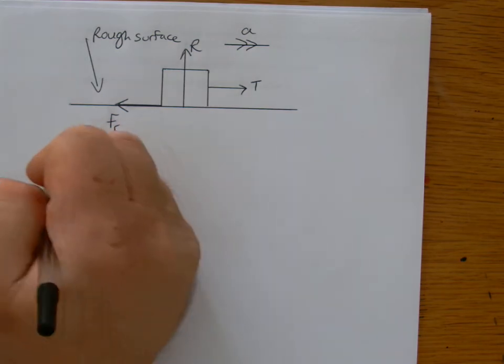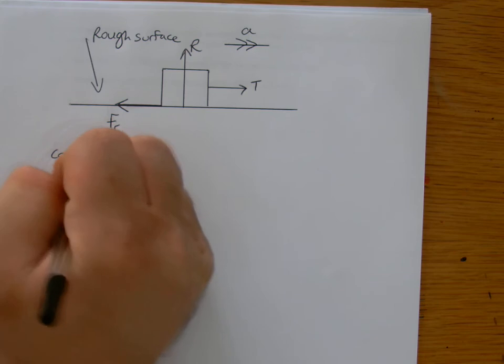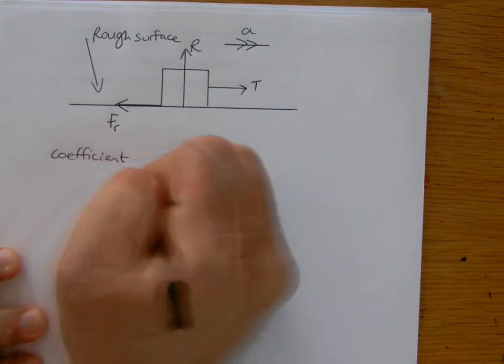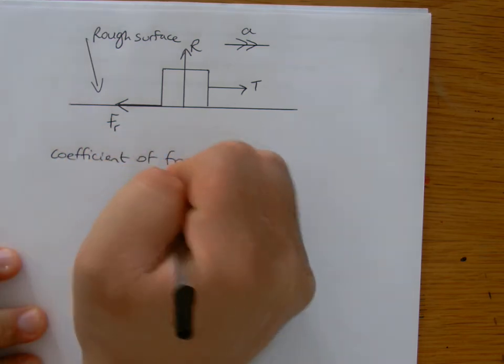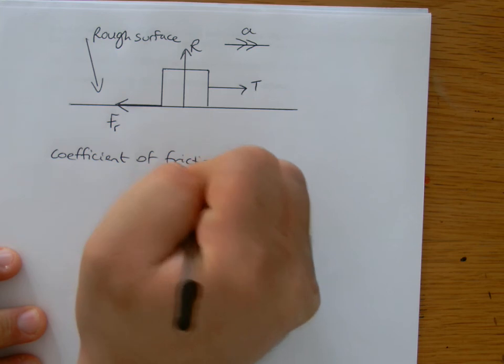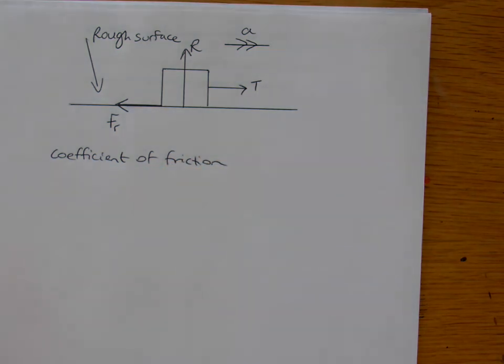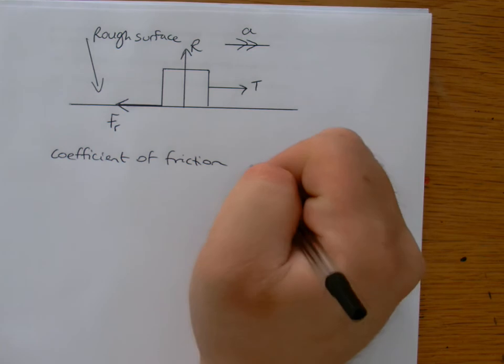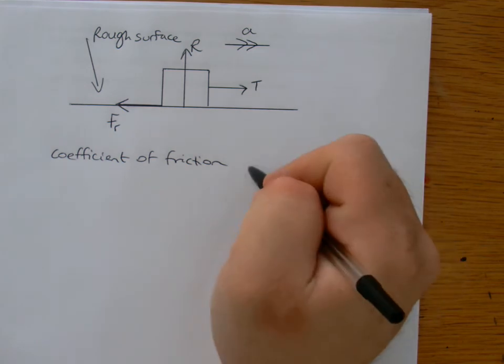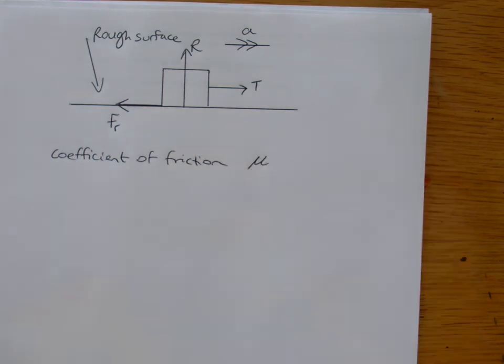Well, first of all, we need to know something about the coefficient of friction. This term, the coefficient of friction, literally measures the roughness of the contact between the object and the surface. It's given a special Greek letter called mu, which you write like that.